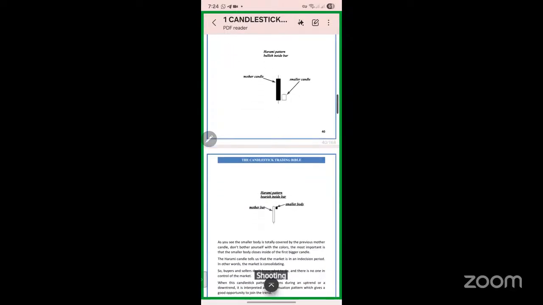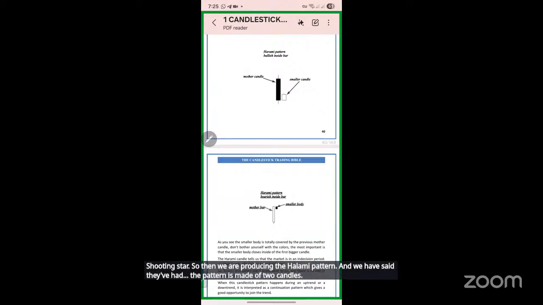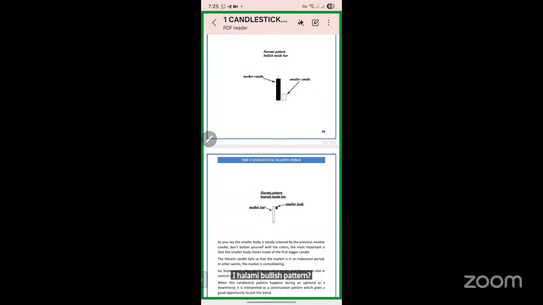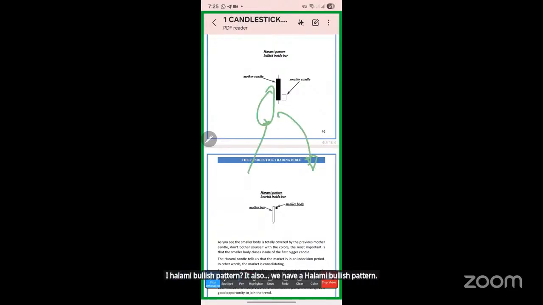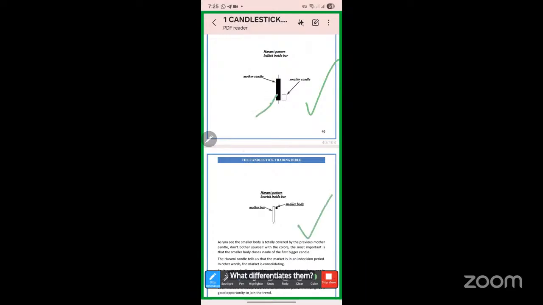Today we have also seen the Harami pattern, and we have said the Harami pattern is made of two candles. We have a bullish Harami pattern and a bearish Harami pattern. This is a bullish Harami, this is a bearish Harami. What differentiates them? Here, the red candle is bigger than the small candle.